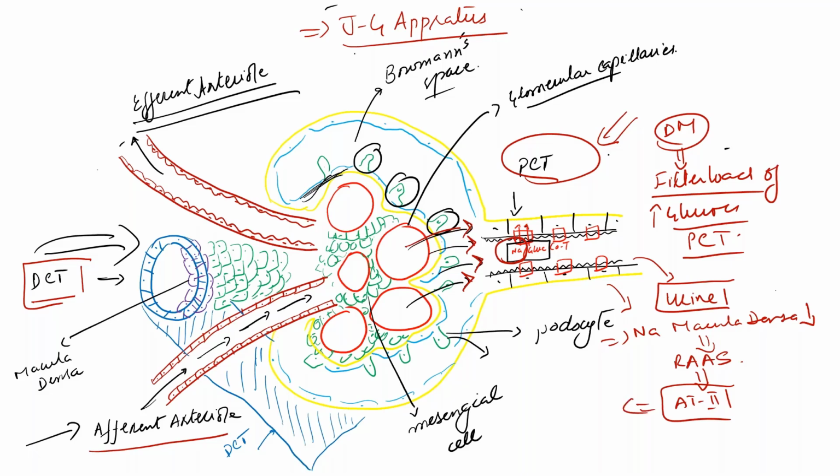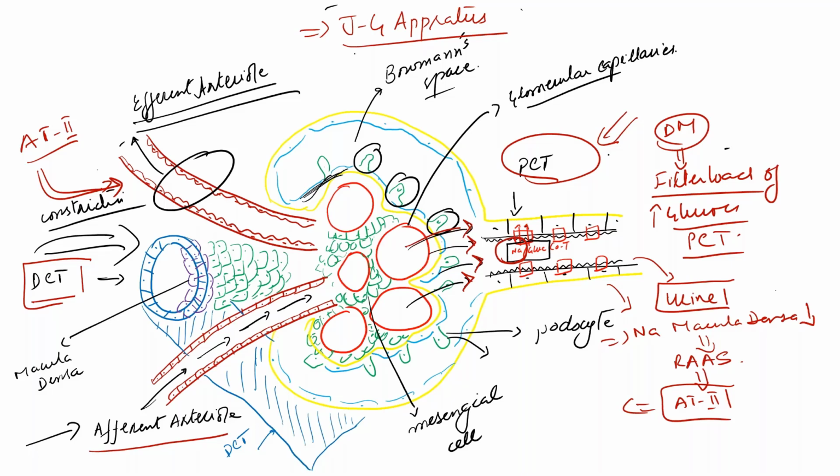And we know that angiotensin 2 will act on the efferent arteriole and cause constriction of the efferent arteriole.